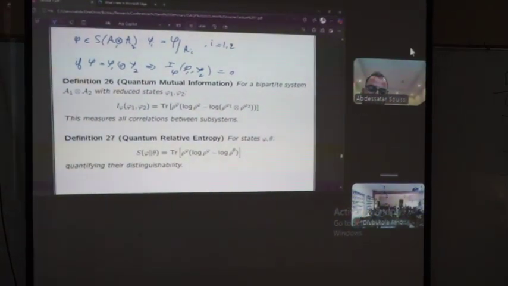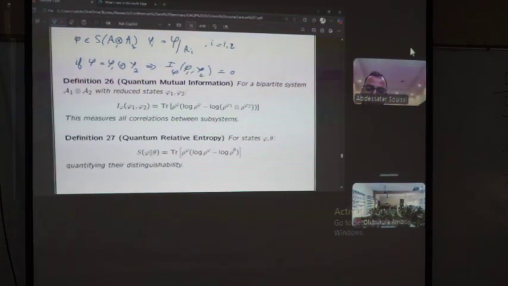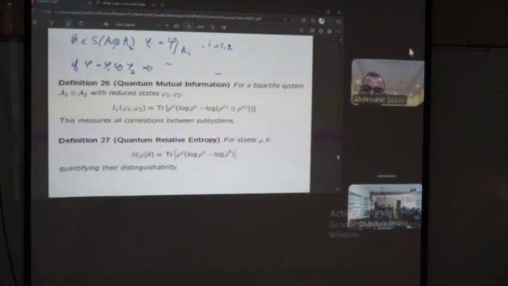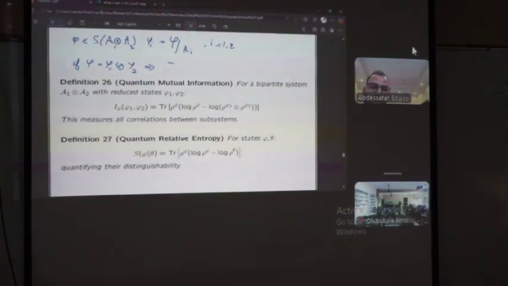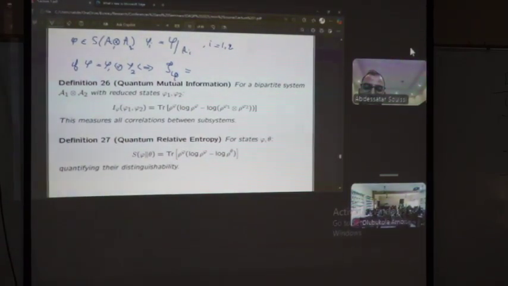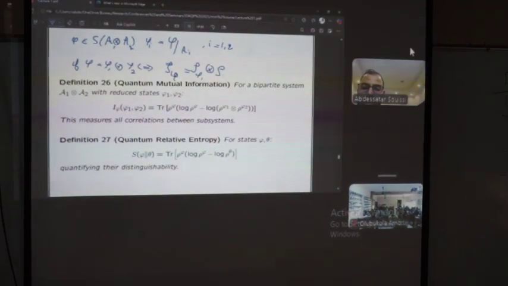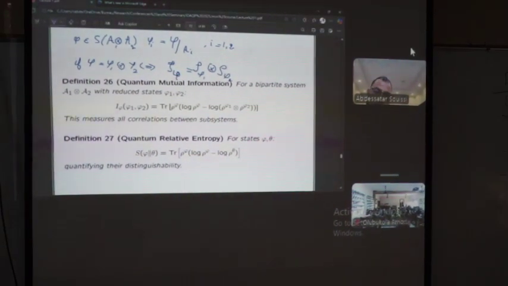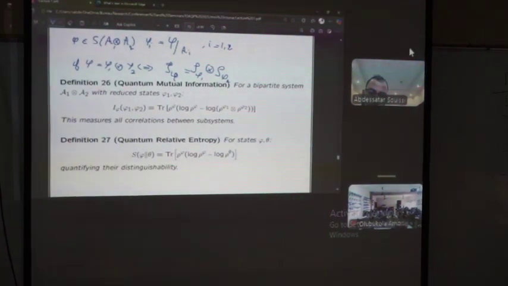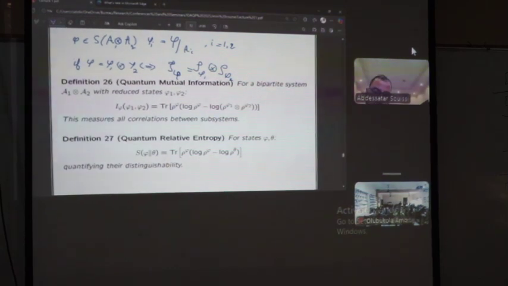So this will be the tensor product of rho 1 and rho 2. Indeed, it reflects whether the state is a product state. If it's a product state, then the quantum mutual entropy vanishes.